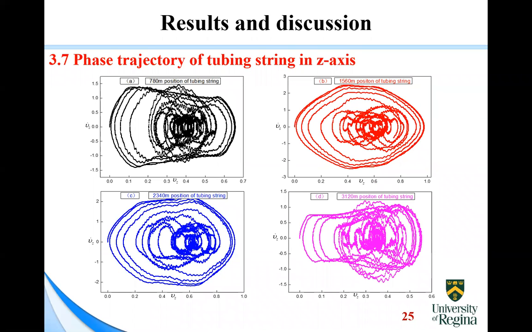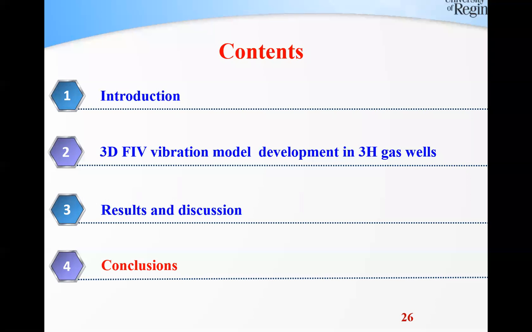And this is the Z trajectory; the trajectory of the tube string is more and more complex in the ZX plane. So next we want to introduce the conclusions.